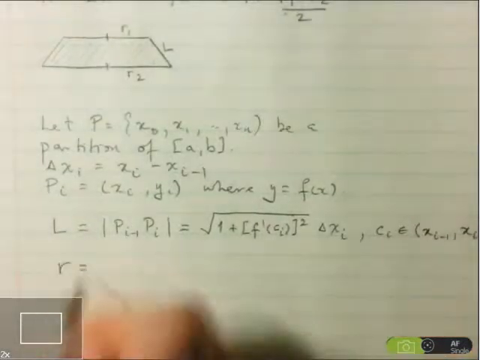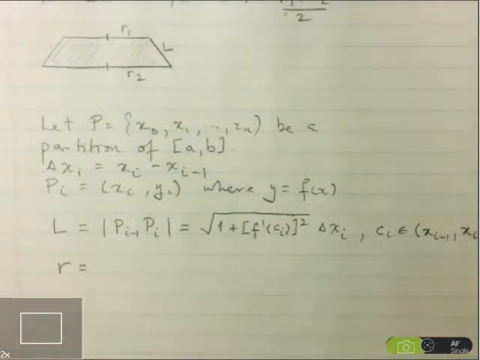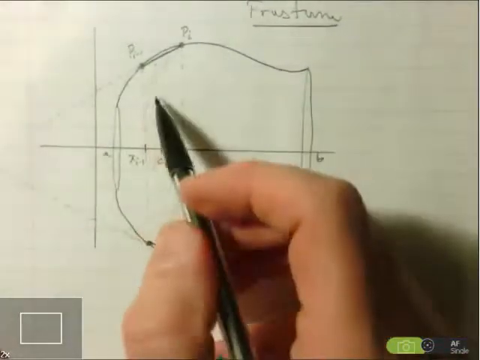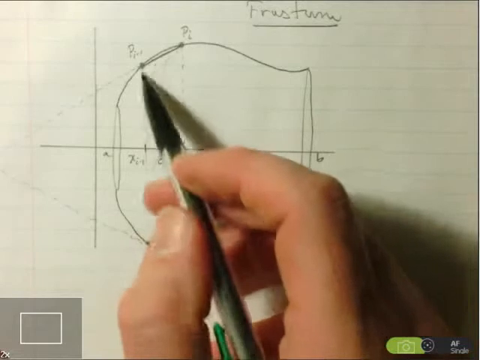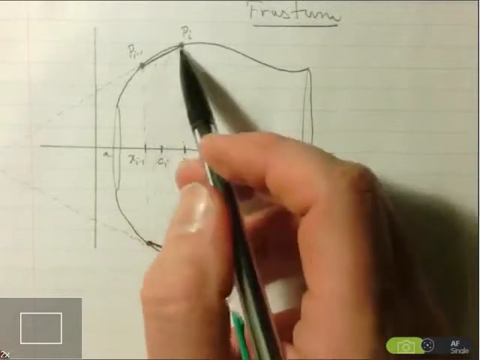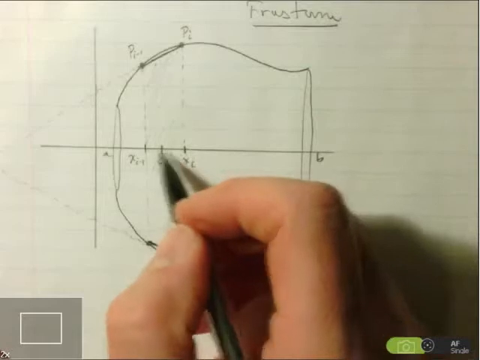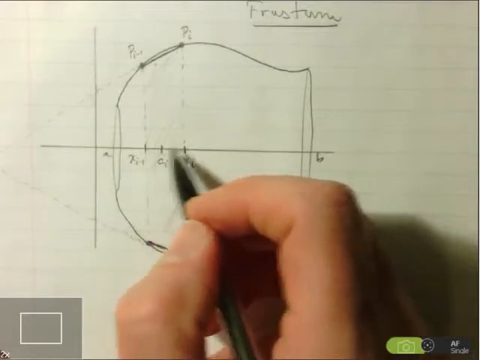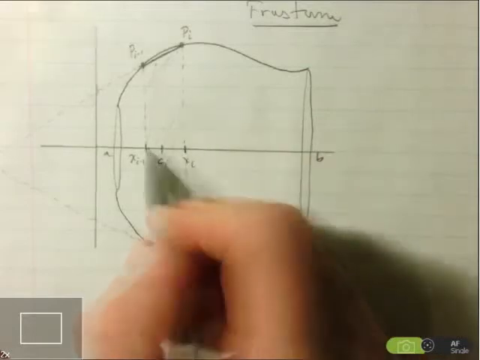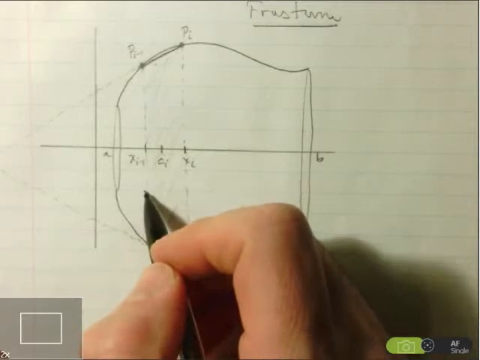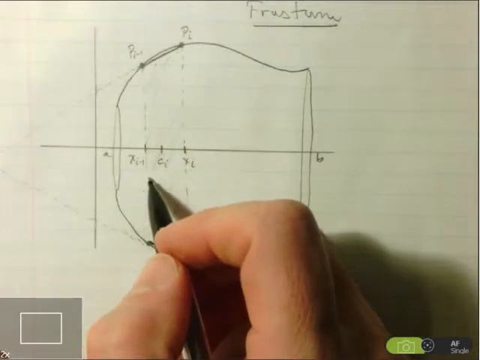And this is where we use a little clever trick. I'm going to bring back our old diagram here, and the idea is R represents the average of these 2 function values. Well, remember that these subintervals are getting smaller and smaller. In other words, these endpoints are getting closer and closer to the ci that was generated earlier.